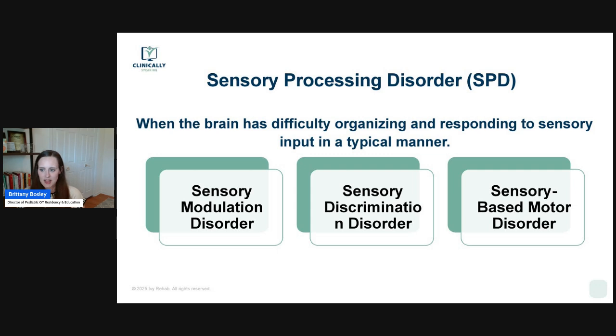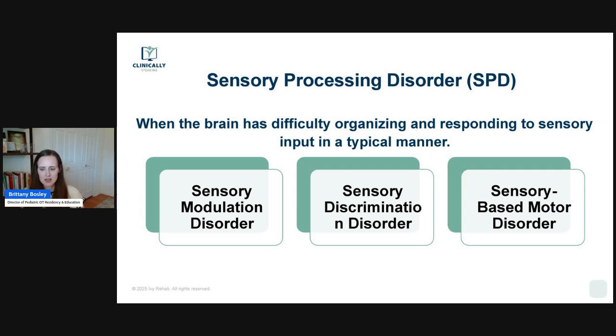Overreaction to sensory stimuli can become so upsetting or provide such an anxious experience that the child just automatically will shut down and not want to complete it, which can come off as a behavioral symptom.